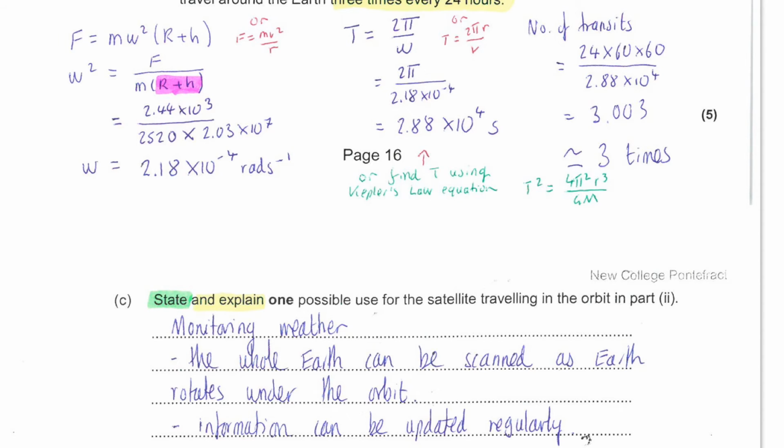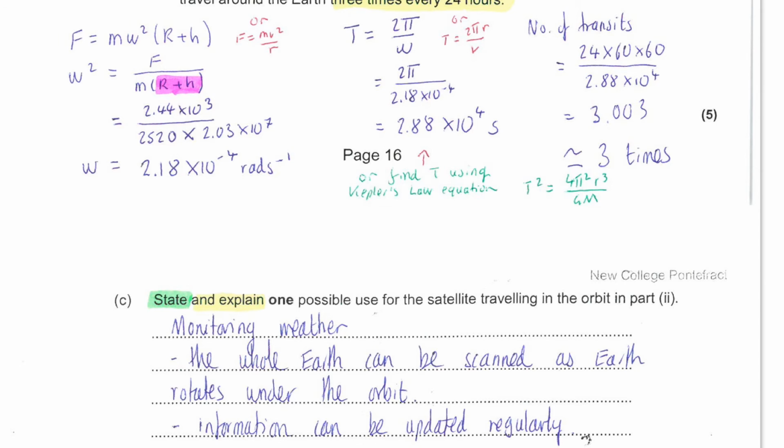Rearranging there allows you to find a value for omega, which will be in radians per second. So carrying on from that, you can then move on to find the time period. So the time period is 2 pi divided by omega, and that leads us to an answer of 2.88 times 10 to the 4 seconds.